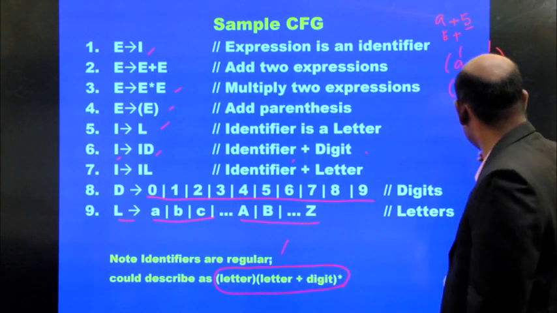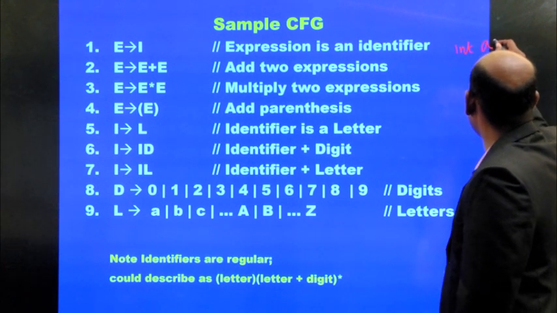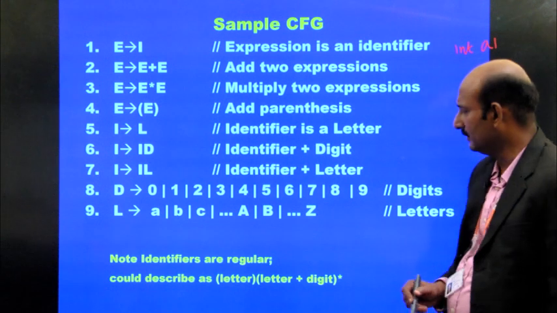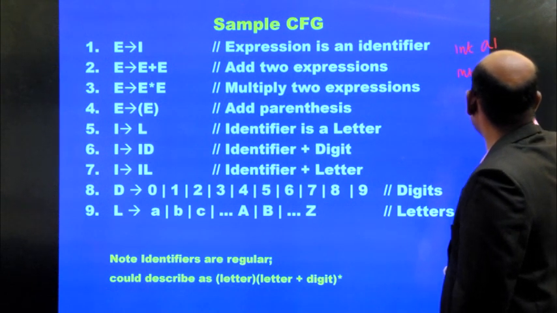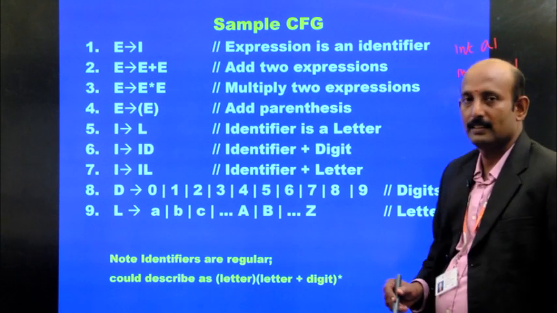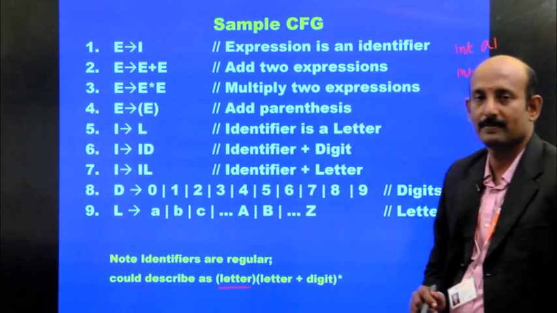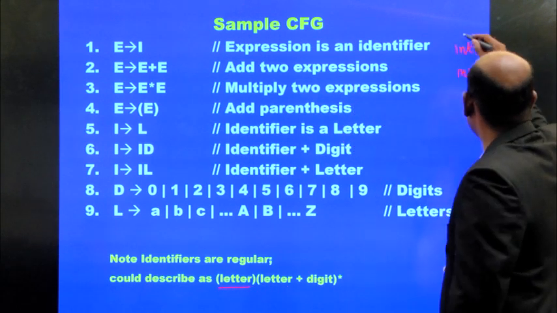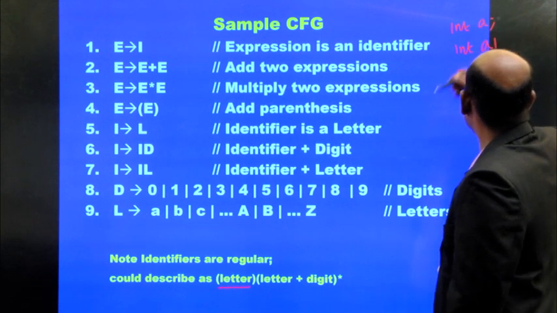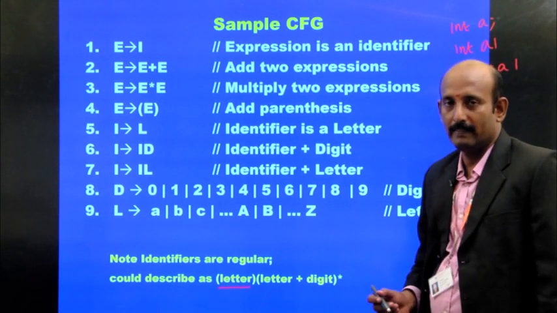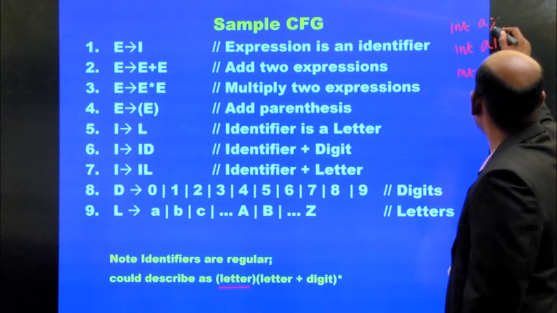So we may have something like this: integer a1, integer a1. So look at that. First must be a letter. These are all valid variable declarations. Then followed by here, what is that?